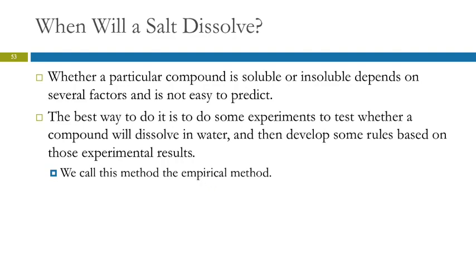And so you take some of this compound and you put it in water and you see, does it dissolve? Okay, that one did. And you take another one and you dissolve it, see if it'll dissolve. Nope, that one doesn't. And then you just do this with a bunch of different compounds, and then you try to look for some patterns. Well, thankfully, we don't have to do that because people have done that for us.